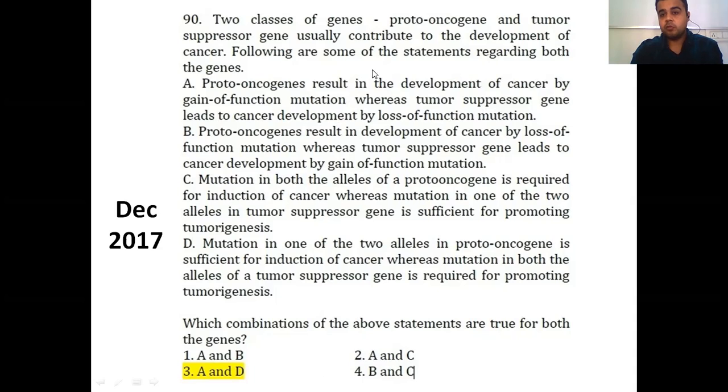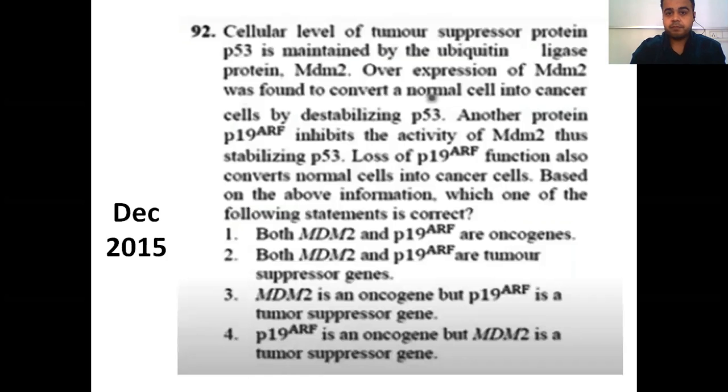So for both the genes, proto-oncogene and tumor suppressor gene, A and D are correct. That's why the answer A and D has been mentioned. We'll cover gain of function and loss of function mutations in detail in this lecture. The second question, asked in December 2015, was about some of the tumor suppressor proteins.